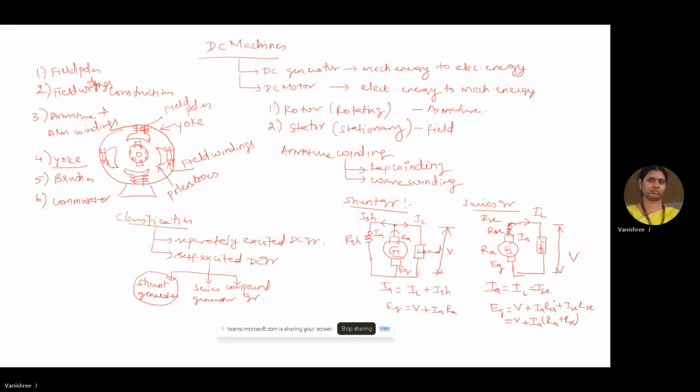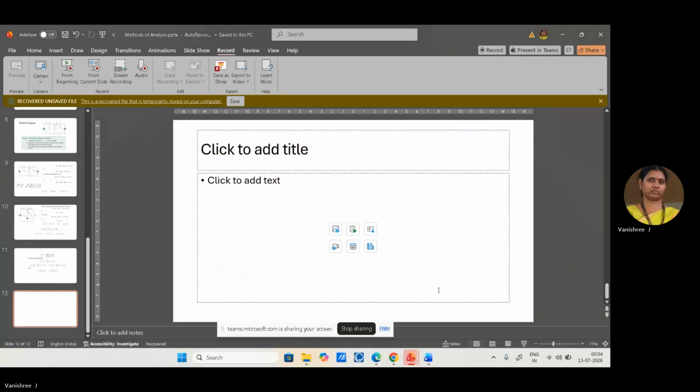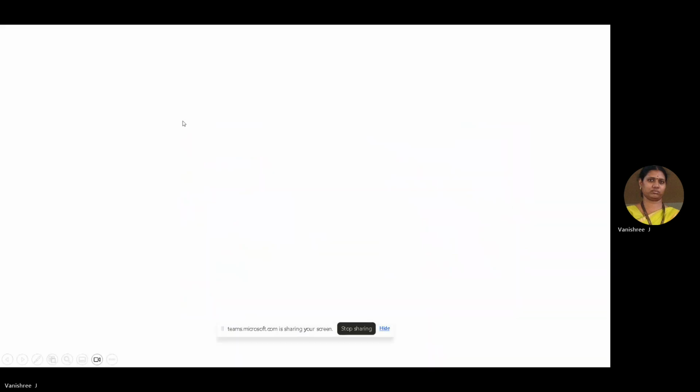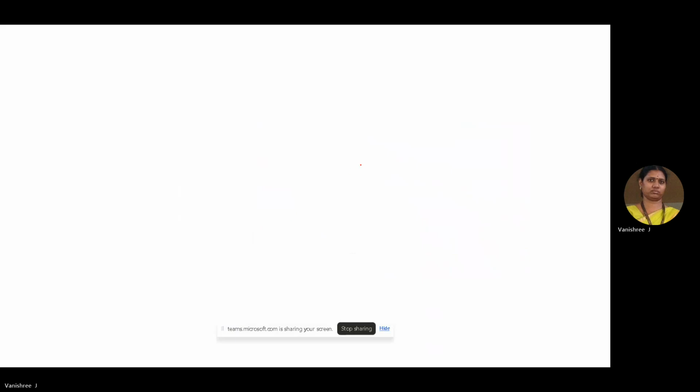Now, moving on to the compound generator. A compound generator is one which consists of both the shunt field winding and the series field winding.